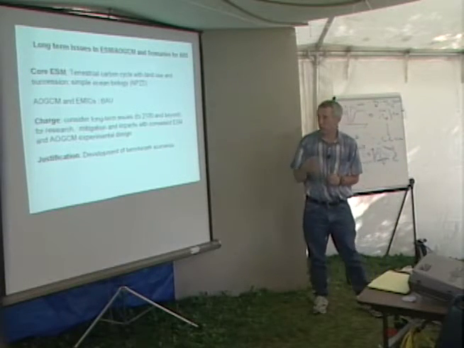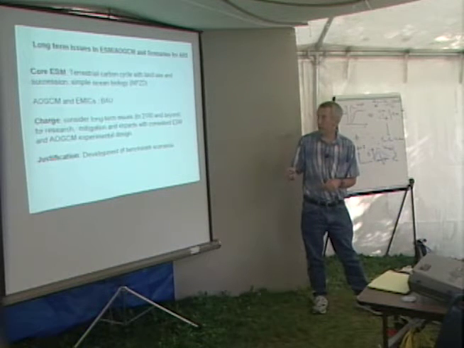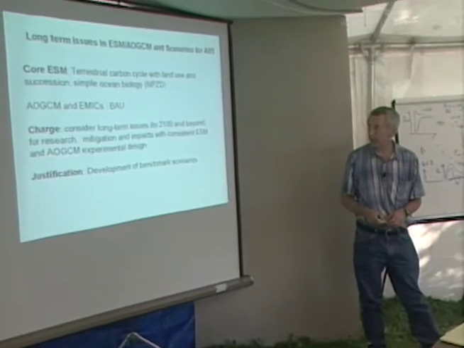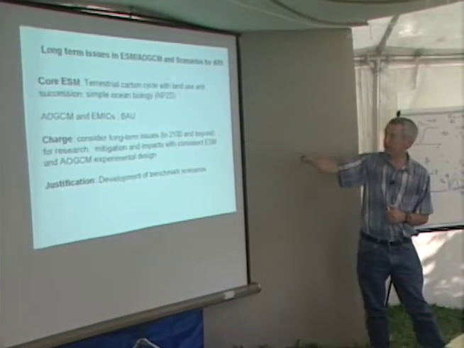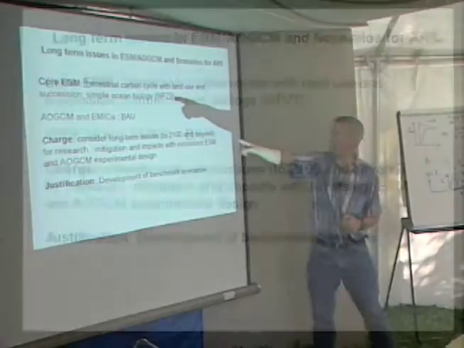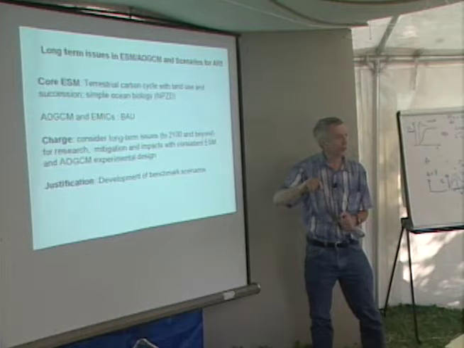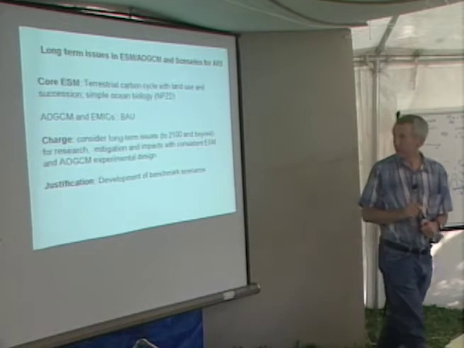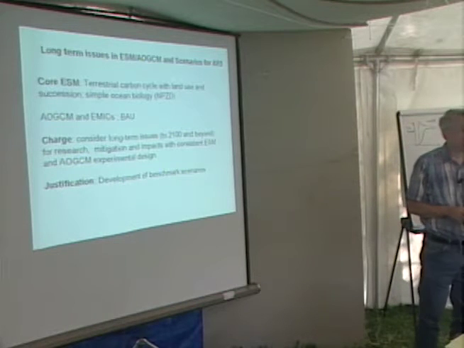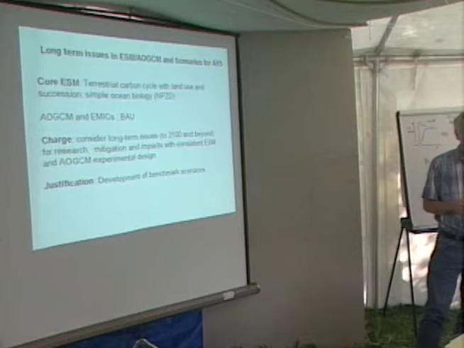For the core model, we were thinking of a model with a simplified terrestrial carbon cycle, with land use and biogeography, and simple ocean biology on the ocean side, just to close the carbon loop on both sides.